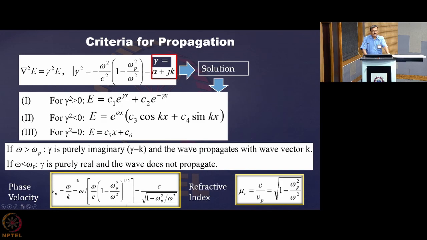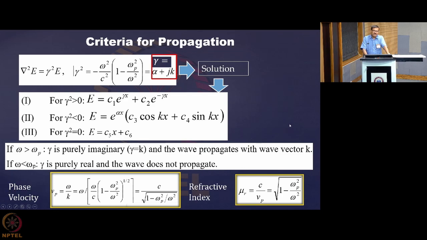The phase velocity of that wave depends on the plasma frequency and the frequency of the wave trying to propagate, and the refractive index depending on that determines in which path the wave will propagate, whether it will be bent, and if bent, how and in which direction. All these things you can determine from the kind of plasma that you have created.